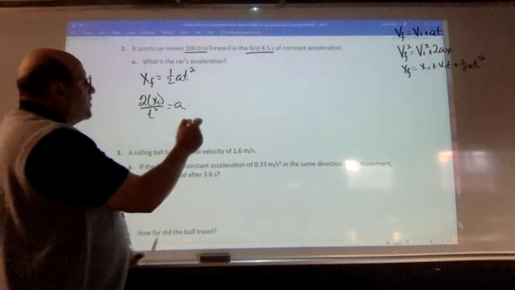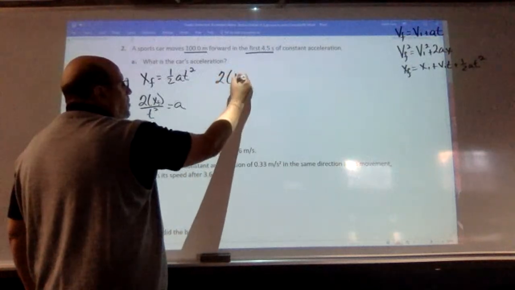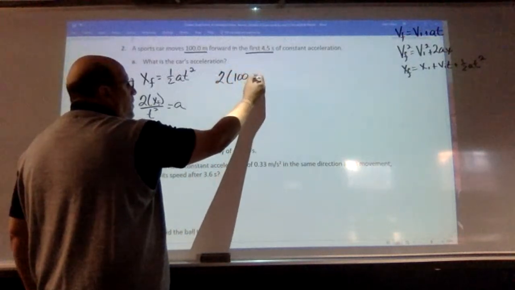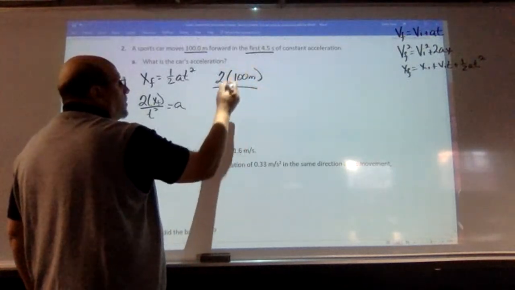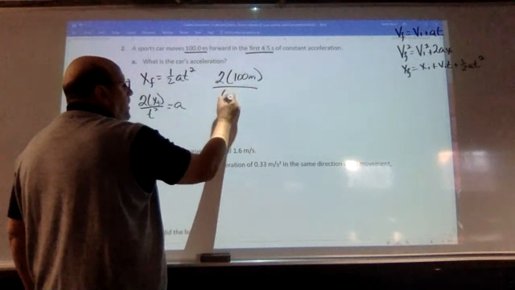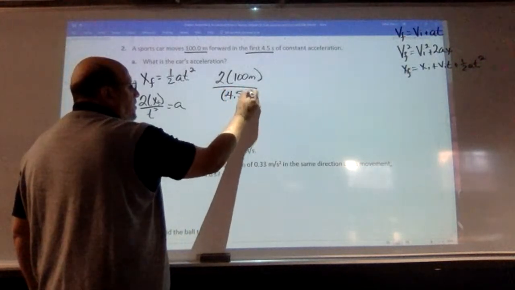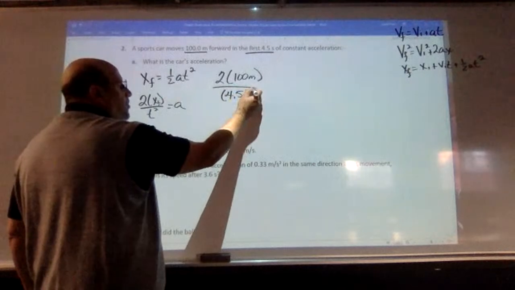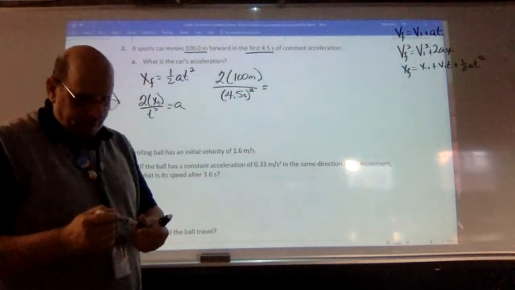And we have all this stuff. So here we go, 2 times 100 meters. And then what's my time? My time is 4.5 seconds. Don't forget, we have to square this, and that's going to give us our acceleration.